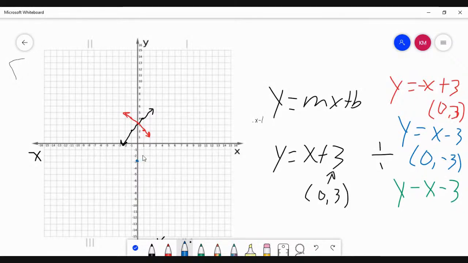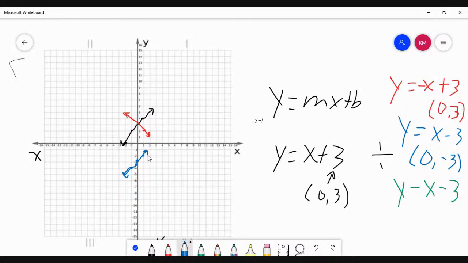Go up 1, right 1. Or from the original point, down 1, left 1. And plot my graph. And I know it's squiggly. I do apologize, but it's supposed to be straight.